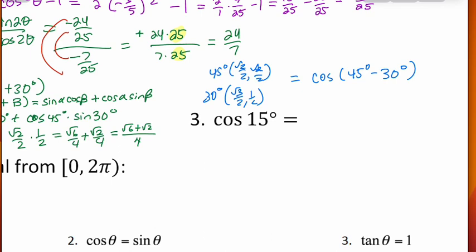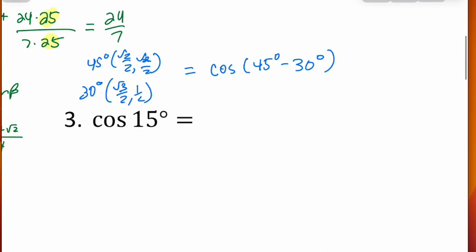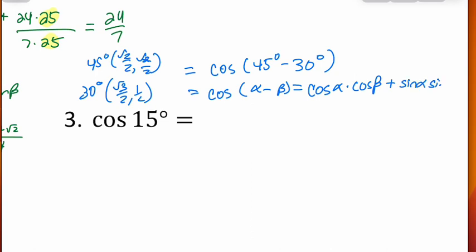Okay. So the cosine difference formula, if you look up on the board, you want to use the cosine formula that has a minus sign, so that would be the yellow. So the cosine of alpha minus beta is the cosine of alpha times the cosine of beta plus the sine of alpha sine of beta.